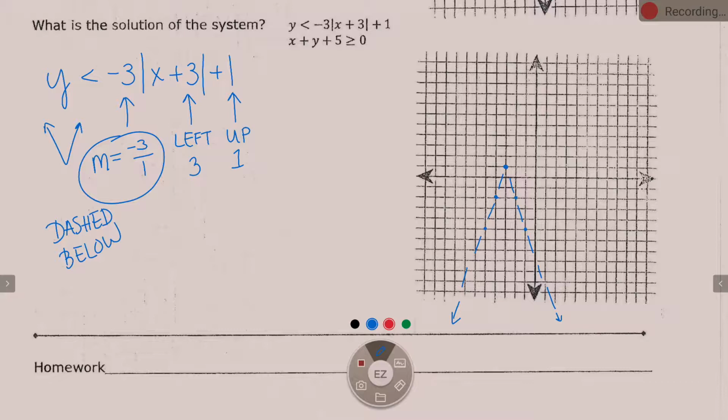Where's below the V supposed to be? It so happens it's inside. Where would above the V be? That would happen to be outside, so you can't shade outside. It just depends.